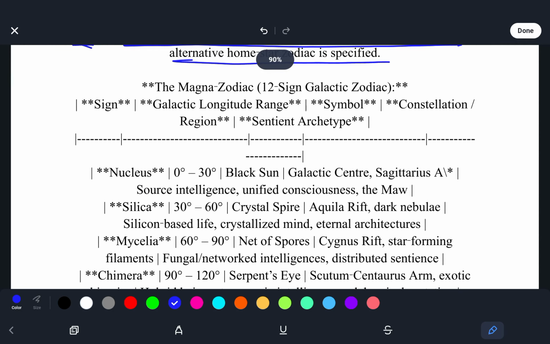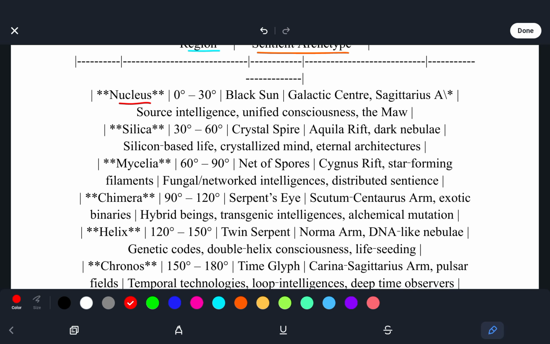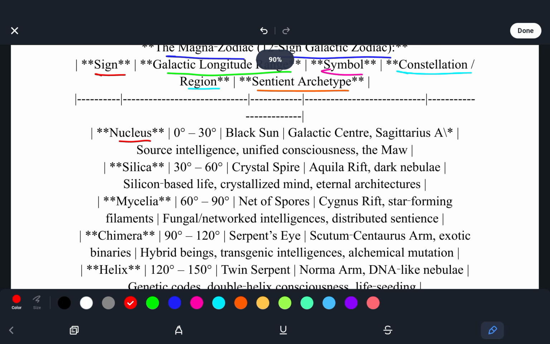So we see the Magna Zodiac here, a 12-sign galactic zodiac, color coded by the sign, galactic longitude range, symbol, constellation, region, and the sentient archetype. So from Nucleus, we see 0 degrees through 30 degrees. That's our GLR. Black Sun is our symbol.